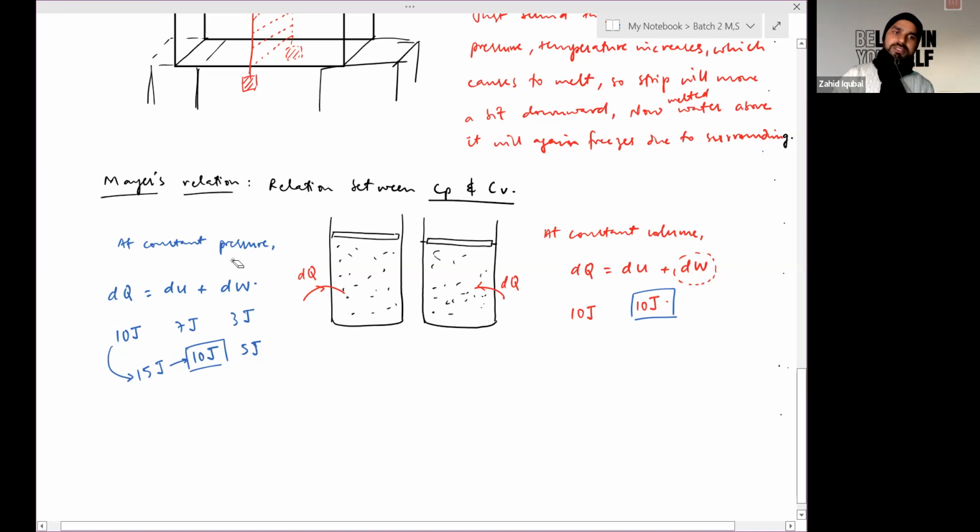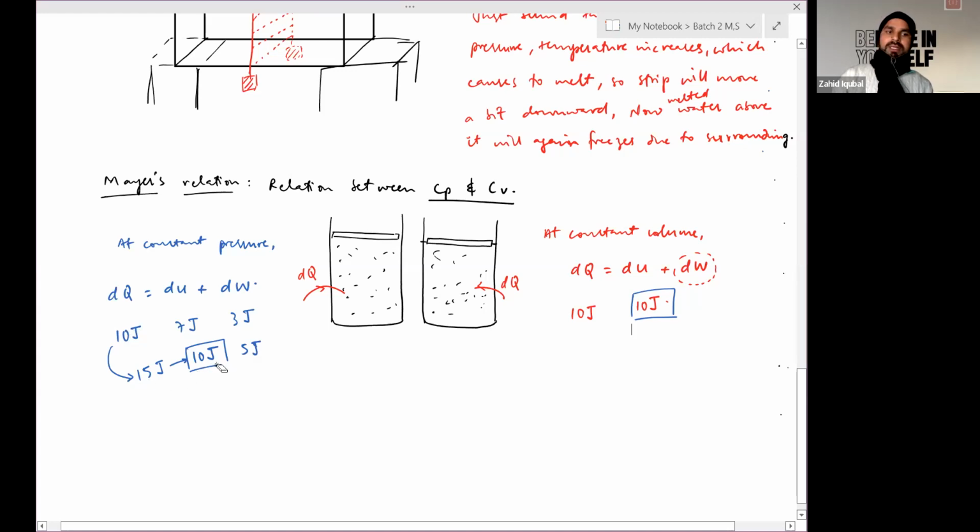But at constant pressure, if you apply 10 joule, some of energy may convert into internal energy, and some into work done. So if you have to get same amount of internal energy change for both these two processes, you must have to increase the amount of heat supplied to the system since some of energy is converting into work done as well. So I've just supplied 15 joule.